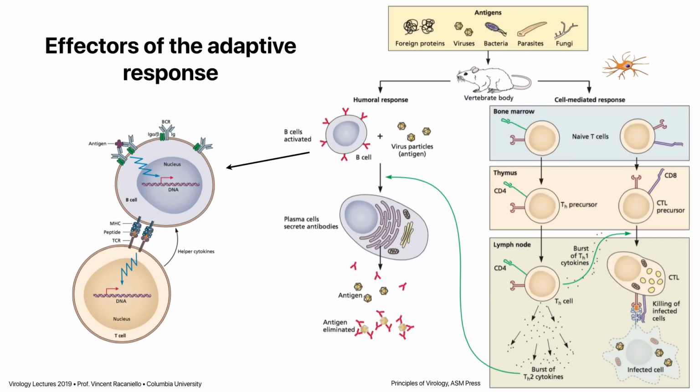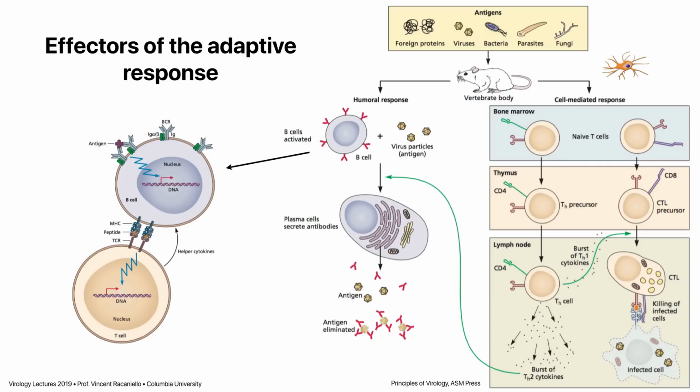And so the two effectors that we'll mainly be concerned with today are the antibodies made by B cells and the cytotoxic T lymphocytes. We're going to talk about how they prevent or resolve virus infections. But the whole process depends on these helper cells.